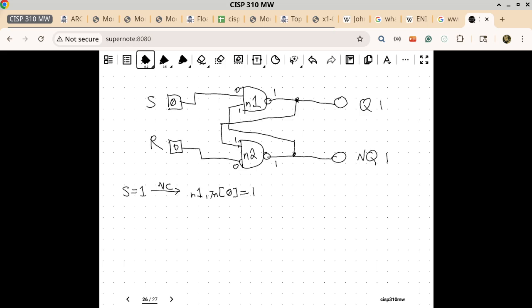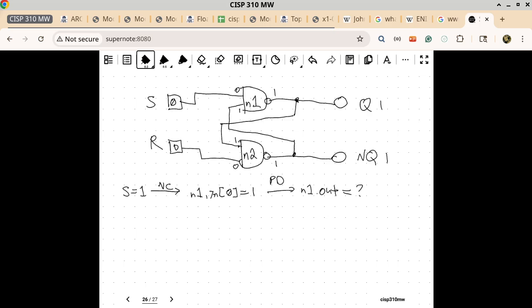But because this input pin was a 0 and now it is a 1, maybe in the process we're going to change the output of N1. So we want to see, after a certain propagation delay, are we going to observe a change of the output of N1?